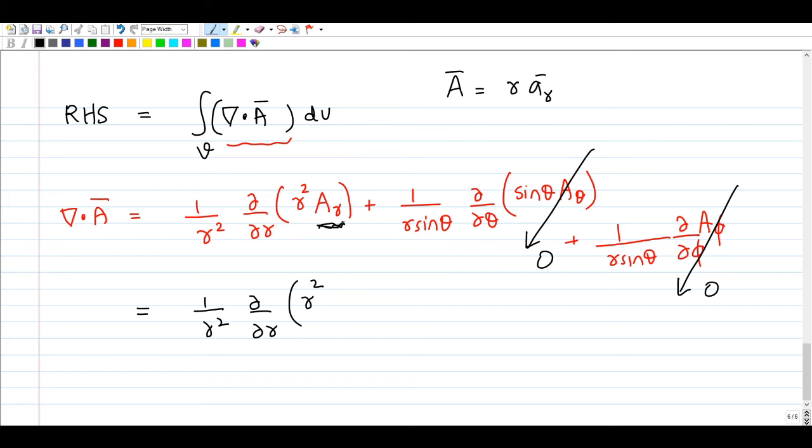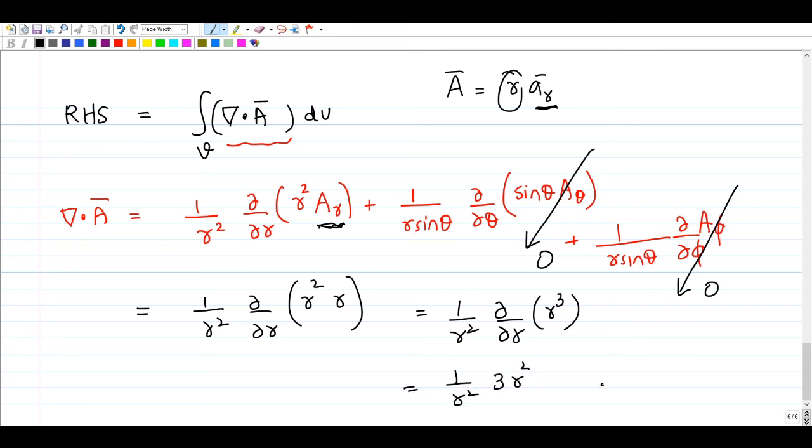AR is the coefficient of the unit vector a_r. That is R only. So capital AR is R. So this is 1 by r square dou by dou r of r cube. So 1 by r square dou by dou r of r cube is 3r square by r square, so this is 3. So del dot A is 3.